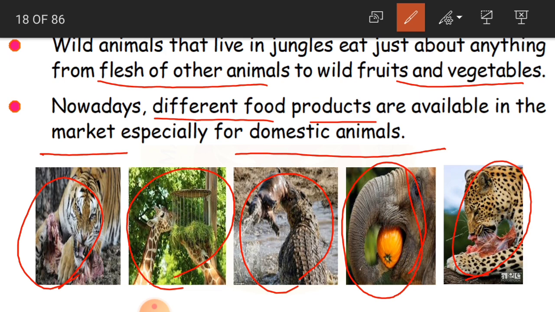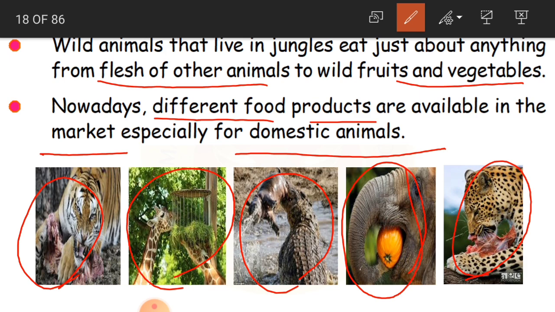If you go to any shop like supermarkets, for your pet animals you get some packaged food, like Pedigree for example, which you can just give to your domestic animal, and which gets all its nutrients in that particular food.